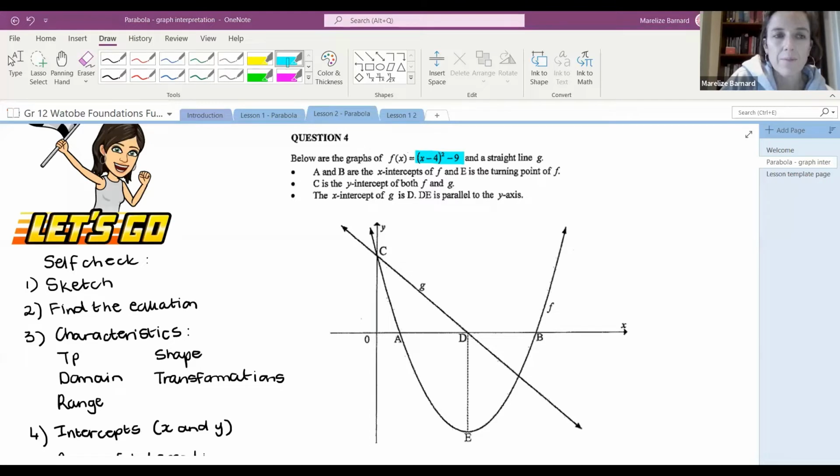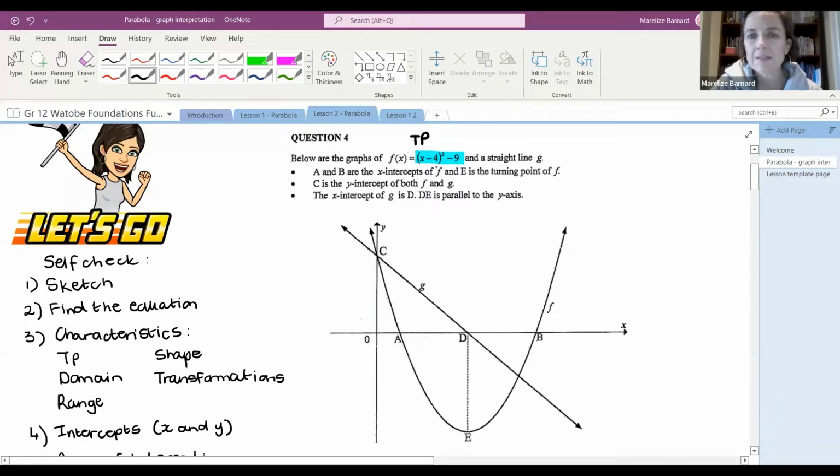Remember on Tuesday we looked at the two different ways that the equation can be represented, the standard form and the turning point form. So here we've got turning point form. Straight away we have to start thinking, if this is turning point form, I can already tell from the equation of the parabola what the turning point is going to be. These are all the things that are starting to go through your head as you get this question.